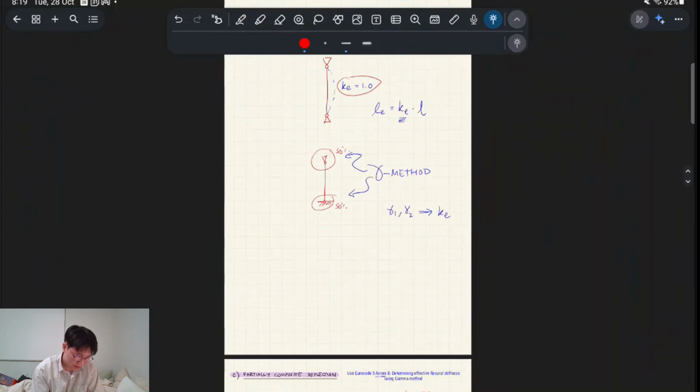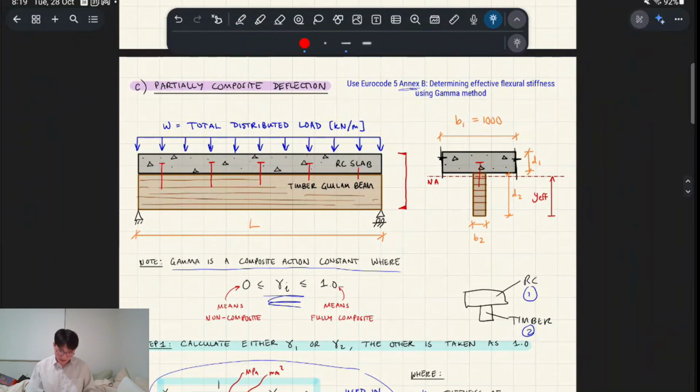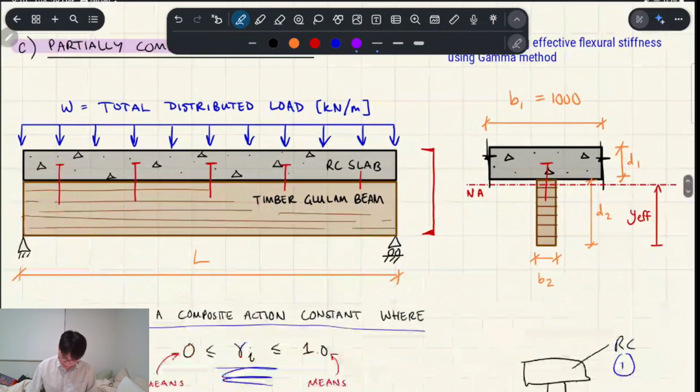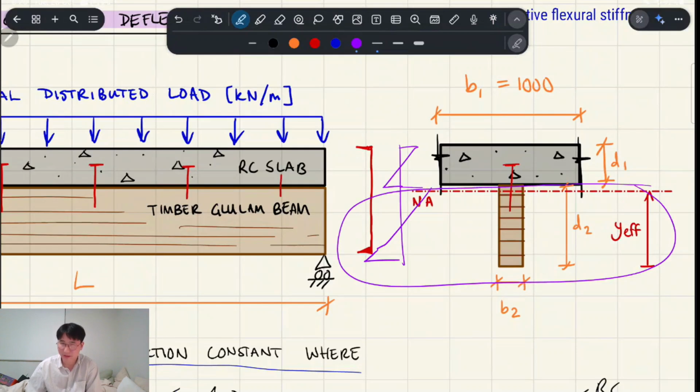So basically, what the gamma method does, because the real strain is more like that first thing, that the real strain is probably more like the non-composite one, but we're using the gamma method to basically pretend that it behaves like a monolithic cross section, if that makes sense.